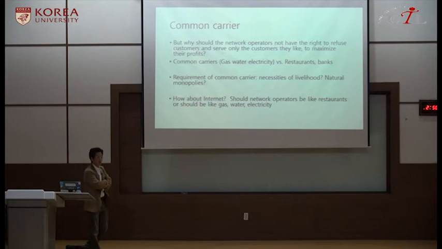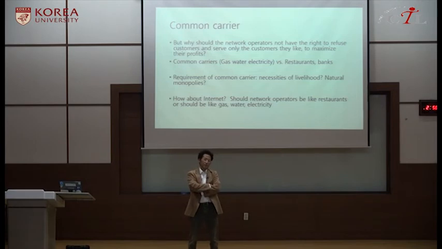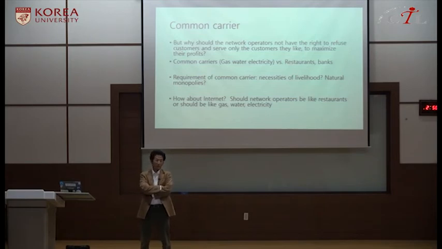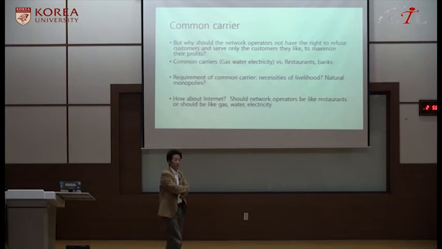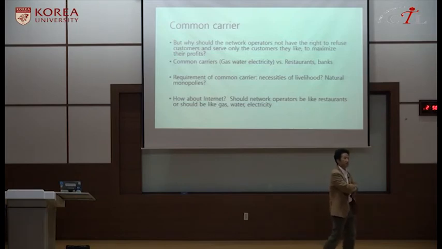The question is whether the internet is also a common carrier, or is it more like restaurants and banks? What do you think about that? Should the internet be treated like a common carrier, or should it be treated like restaurants and banks?